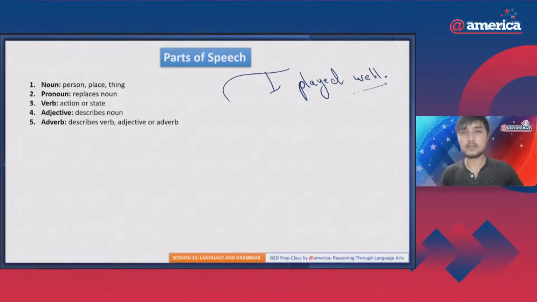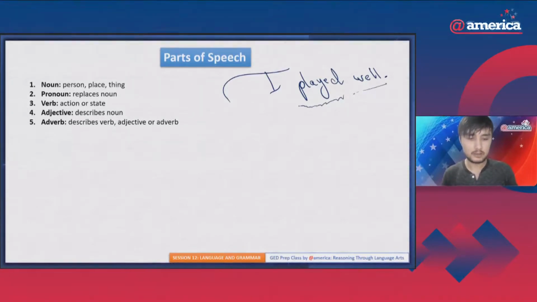Well in this sentence is the adverb of the sentence, and it's used to describe play or modify the meaning of play. So play itself is a verb, so playing well is a modified version of this verb. Because I played chess, I played chess well.